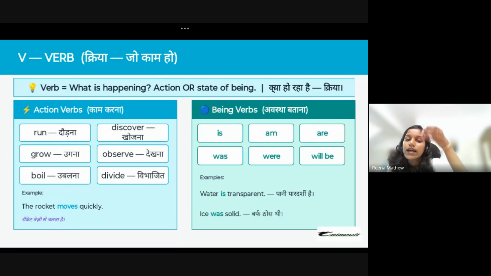But after adding the dirt, is it transparent anymore? No. So I will say water was transparent. So was and is, all these are examples of being verbs. Will be, were, was.